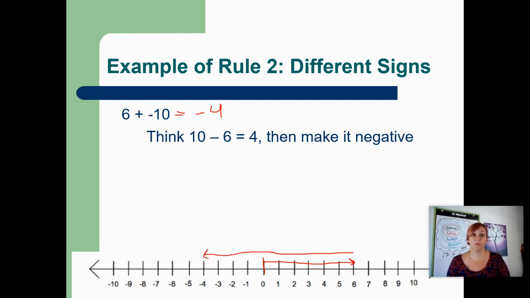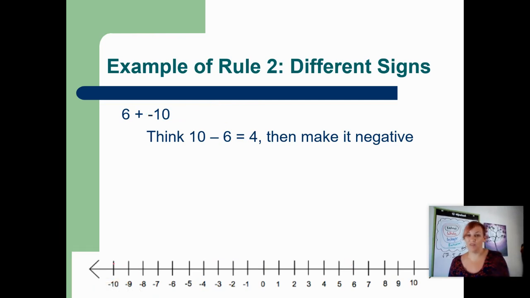Since the bigger number was negative, I'm going to go further into the negatives, which is why my answer is negative. So the sign of the answer should be the same as the sign of the bigger number. And then we're subtracting. We're subtracting because we're going one way, but then we're backtracking and we're going the opposite direction.